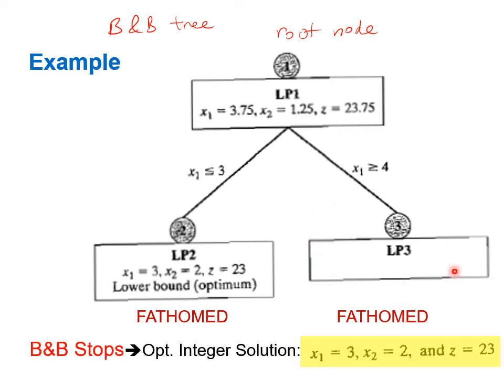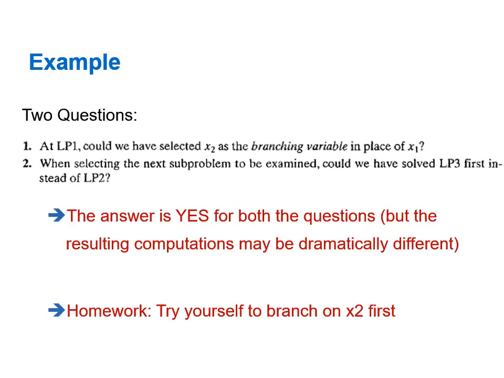If you go to the right-hand side and solve it, it will take time. But if you do this reasoning and eliminate it without solving that problem, you save some time, which in some questions would be very significant. So whenever you can do such reasoning, you have to do it in branch and bound. It is one of the important properties of branch and bound.